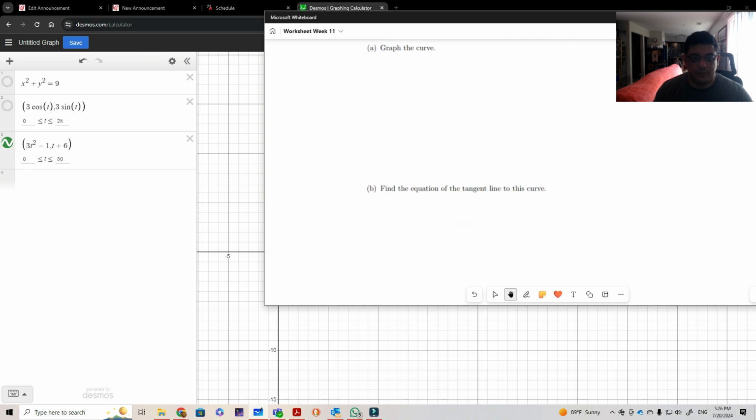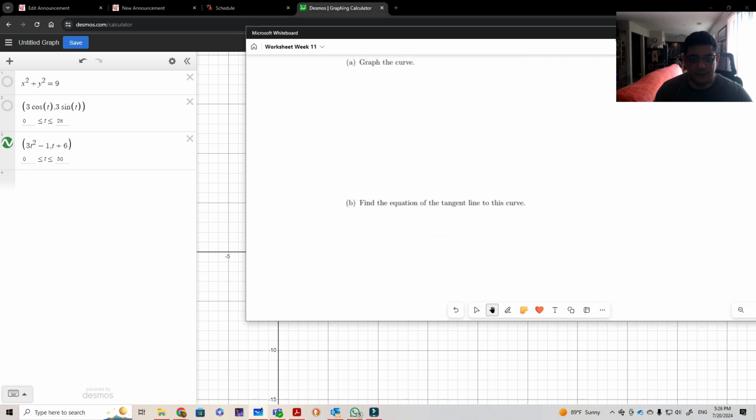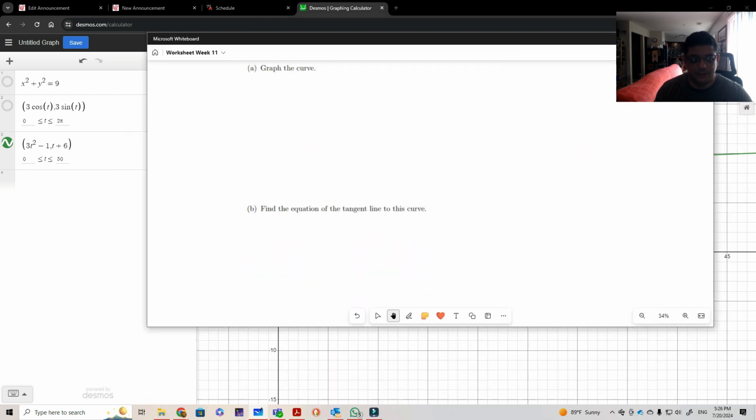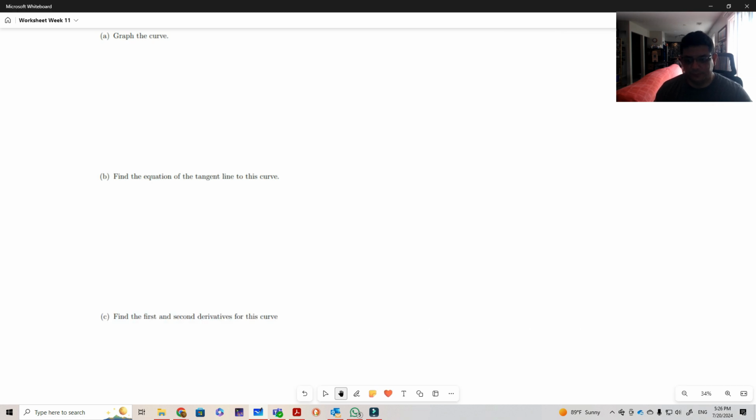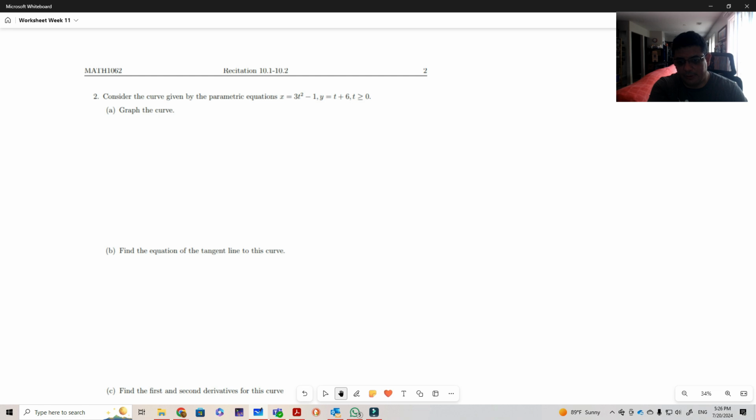Now we want to find the equation of the tangent line. For the equation of the tangent line, we want to find a couple of things. We want to find a slope, and the slope is going to be given by dy/dx at a certain point. And of course, we have to have a point x0, y0 that we're going to use for the tangent line to the curve.